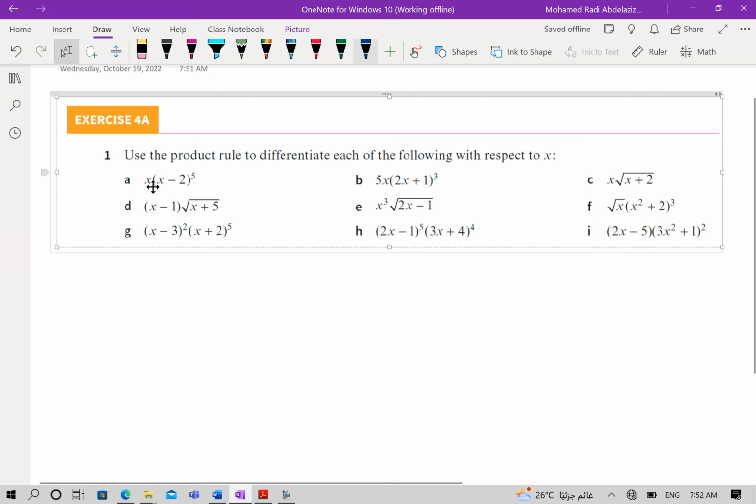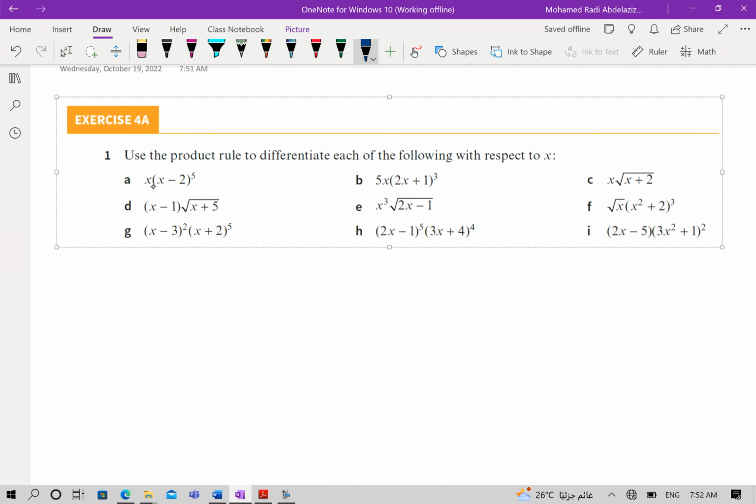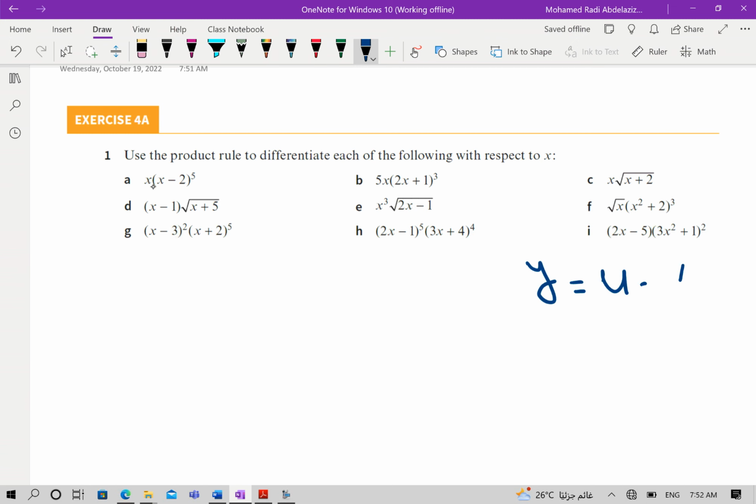We explained the product rule. If we have multiplication of two functions, u and v, to get y dash: differentiation of first multiplied by second, plus differentiation of second multiplied by first.